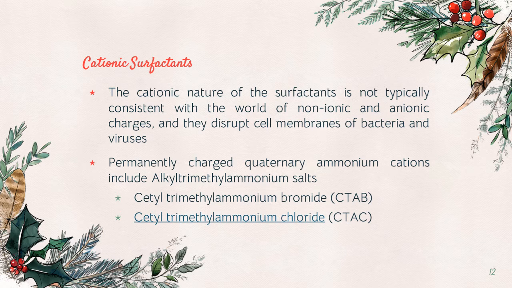Because of the cationic nature, the main mechanism of cationic surfactants is to disturb the cell membrane of bacteria and virus, and because of this property they are used as antimicrobial agents. Another 2 major examples are CTAB and CTAC: cetyl trimethyl ammonium bromide and cetyl trimethyl ammonium chloride.